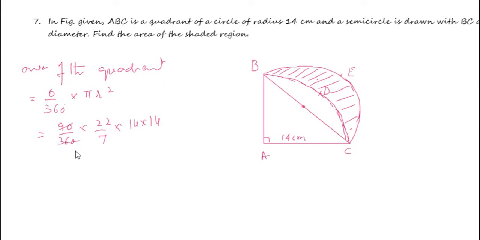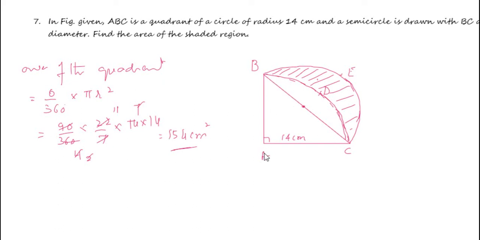So this is 4, 11, 2 times 7, 7, 7 cancel. So 11 into 14, that is 154 centimeter square. This is the area of this entire quadrant.